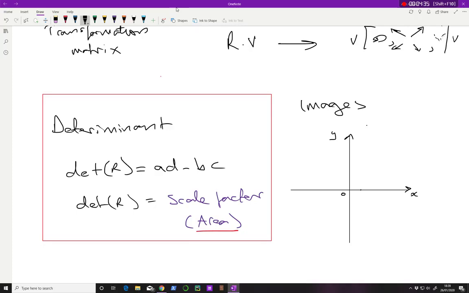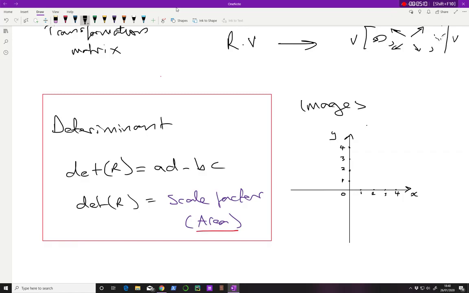And I'm going to call that one, two, three, four. I'm only going to do this in the positive axis. And here we have 1, 2, 3, and 4.